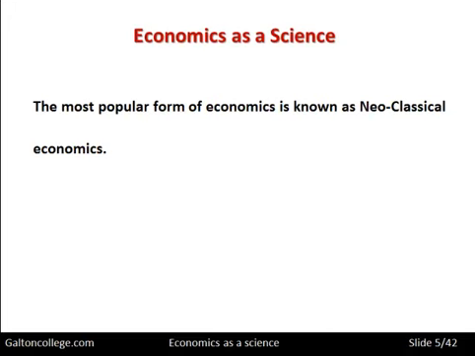So it's a very almost scientific approach to economics. And this is called neoclassical economics. It's the orthodoxy. This is the way people study economics, and this is what economics is understood to be at most universities and amongst most students.